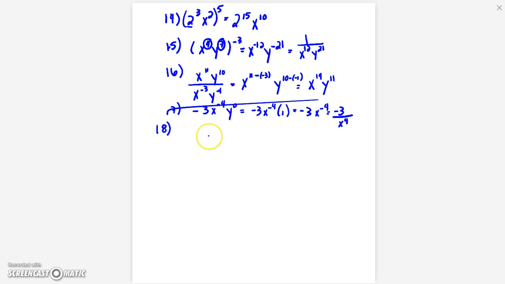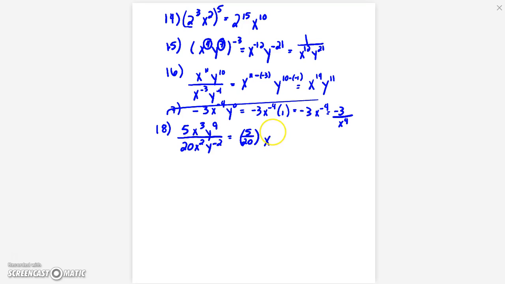18, 5x cubed times y to the 9th, all over 20x squared times y to the negative 2nd power. So let's just take it one at a time. Let's take the numbers out. So 5 over 20 can come out. Then we have, let's try the x's.